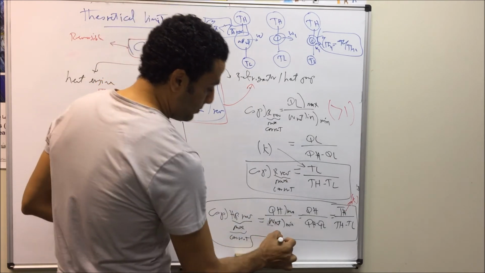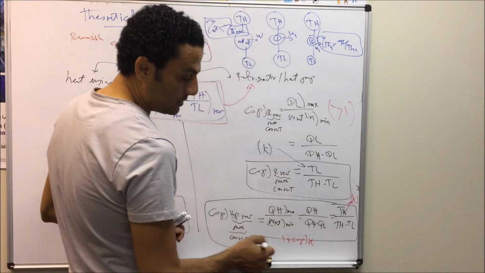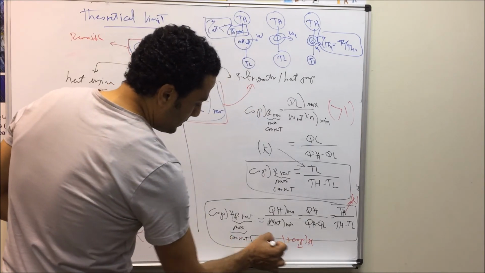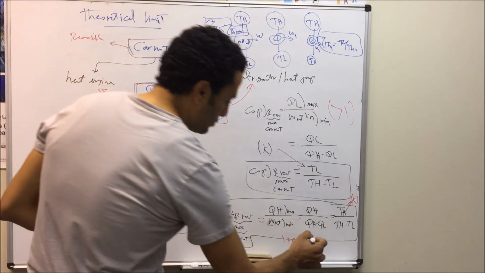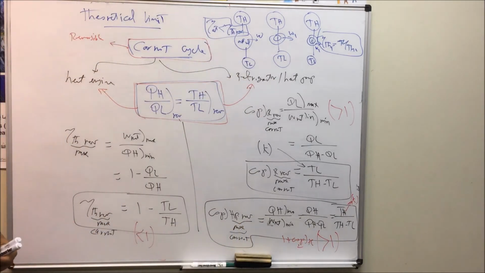The coefficient of performance of the heat pump equals 1 plus the coefficient of performance of the refrigerator. This one is a positive value, so the coefficient of performance of the heat pump should always be greater than 1. But the thermal efficiency should be less than 1 based on the second law of thermodynamics.